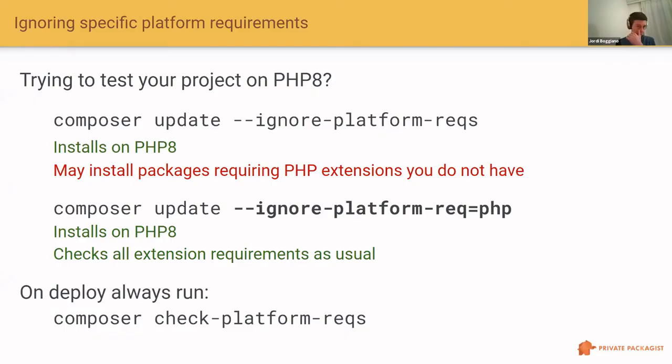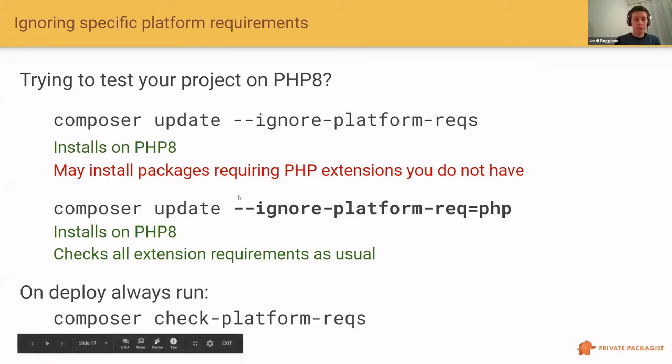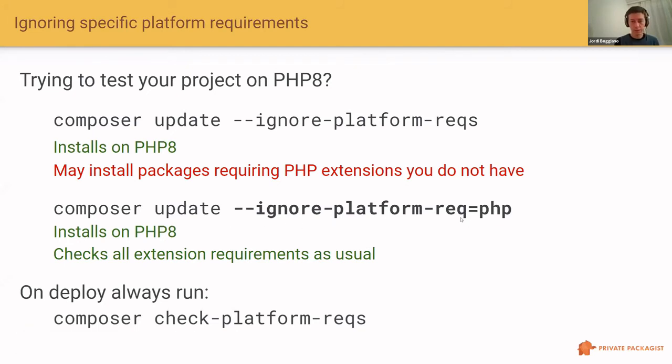So a few new features I want to highlight, smaller things we didn't mention in the release announcement, so you may have missed them. One new flag we added is --ignore-platform-req, without the S. Previously you had the option with the S, which let you ignore all the platform requirements.